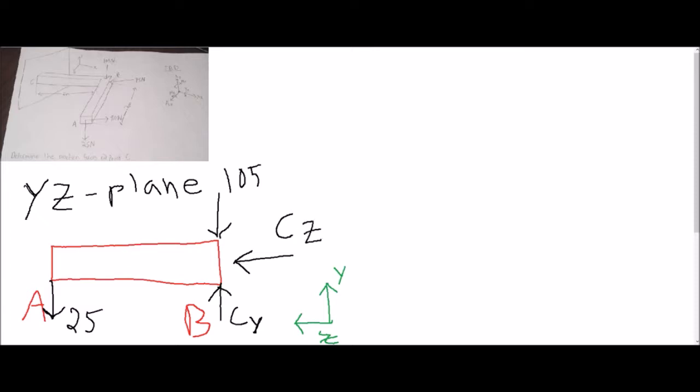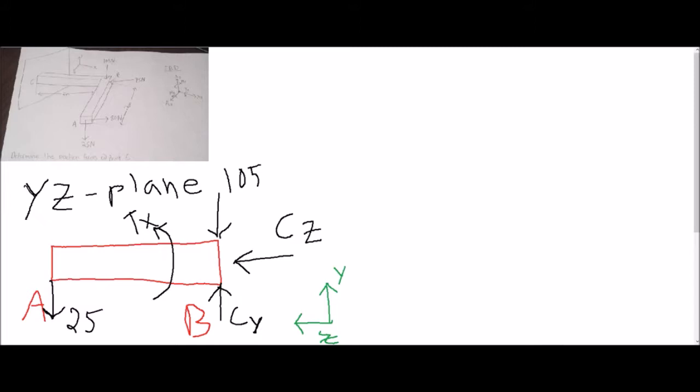And last but not least, at point C, we are going to be able to see the torque around the X, which I will label as Mx.